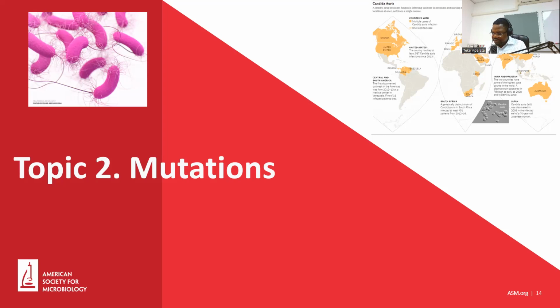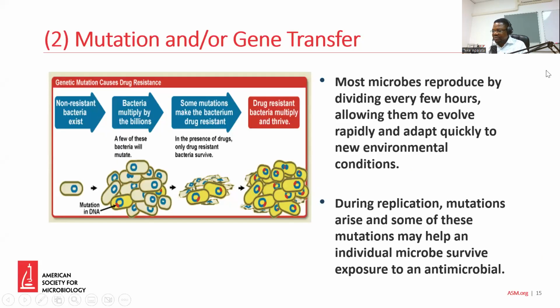Now, during mutation development, we know that most microbes reproduce by dividing every few hours, allowing them to evolve rapidly and adapt quickly to new environmental conditions. During that replication process, mutations can take place.